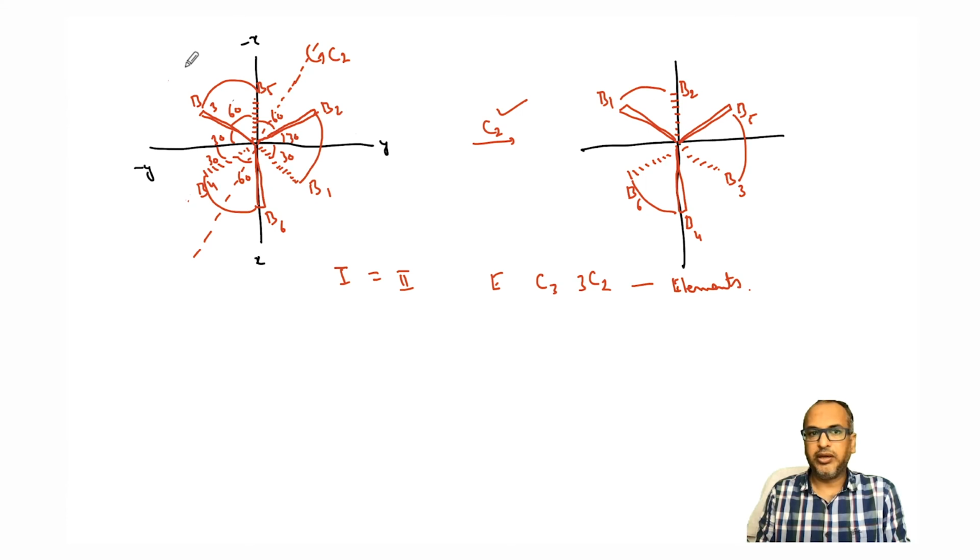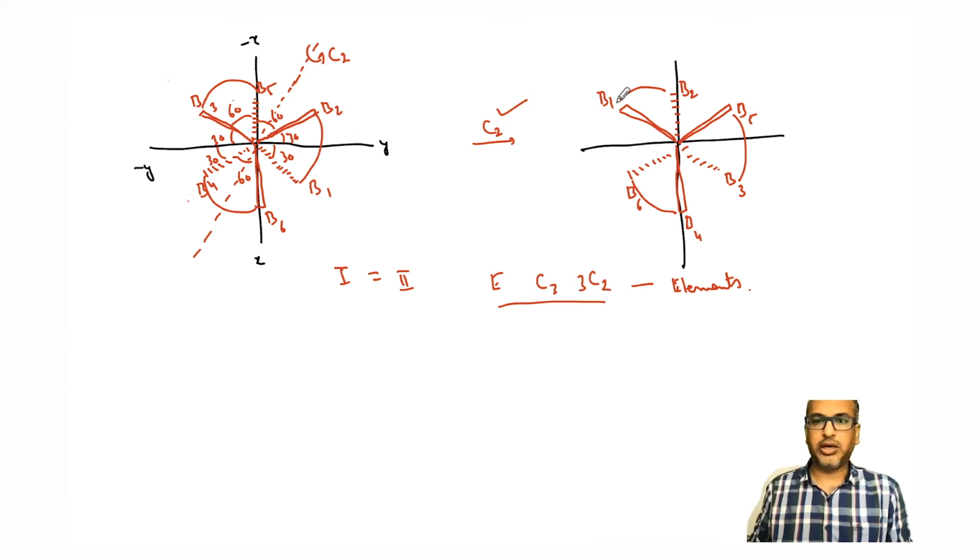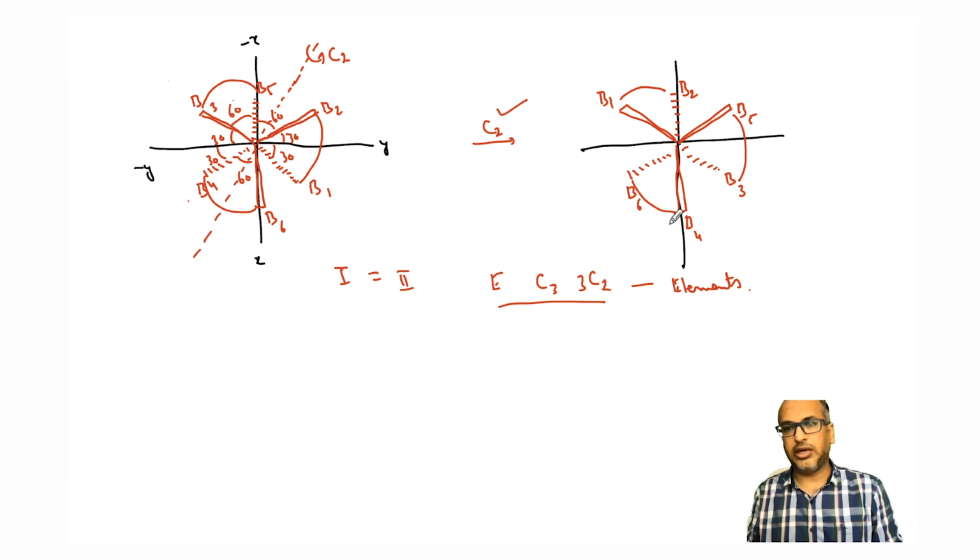Similarly, another will be from this side, and the third will be using the z-axis as the plane, right? So there'll be 3 such C2s present. Okay, so that reduces a lot of symmetry elements as compared to the octahedral molecule. Once we join these atoms with bonds, the octahedral group reduces to a very small number of symmetry elements. We'll see what the point groups are, but let's not go into those details.